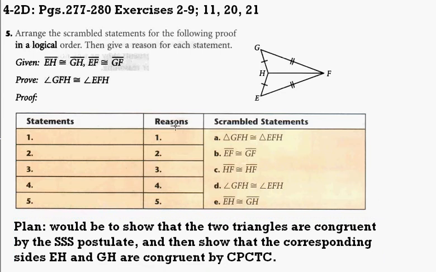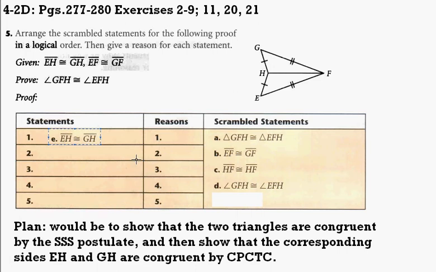Alright, so what we're going to do is, first of all, we'll state our given. So we know that EH is congruent to GH. EH is congruent to GH because it's given. So we're going to state that, it's going to go right up here.